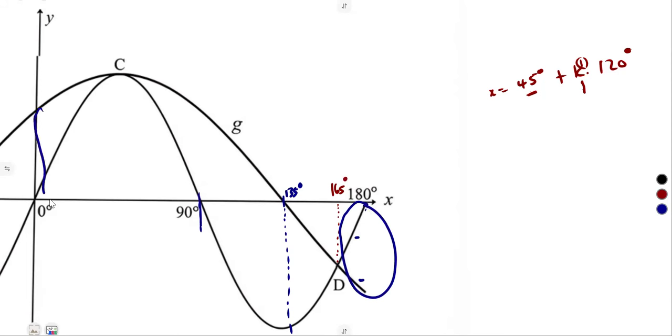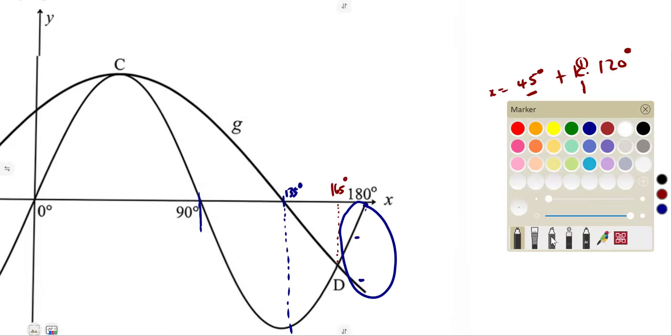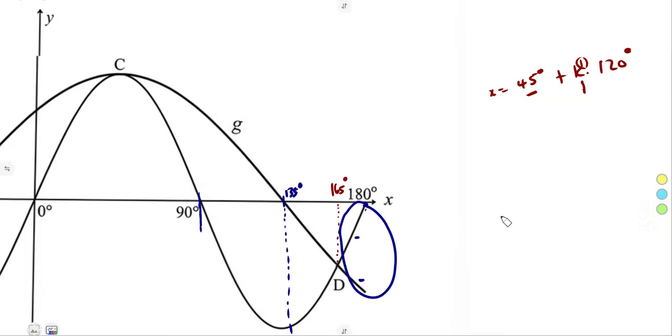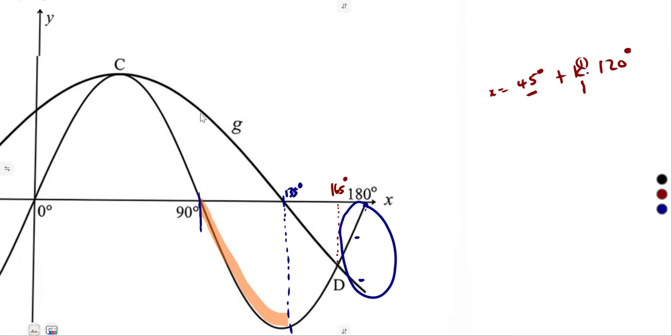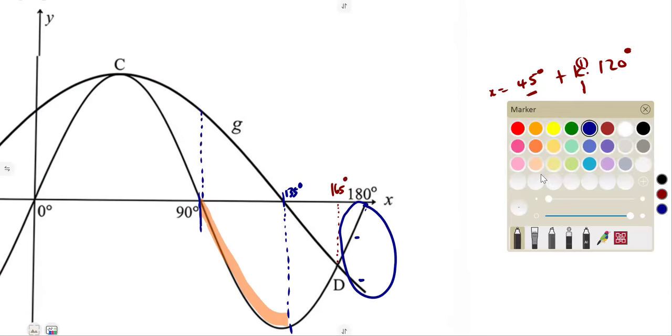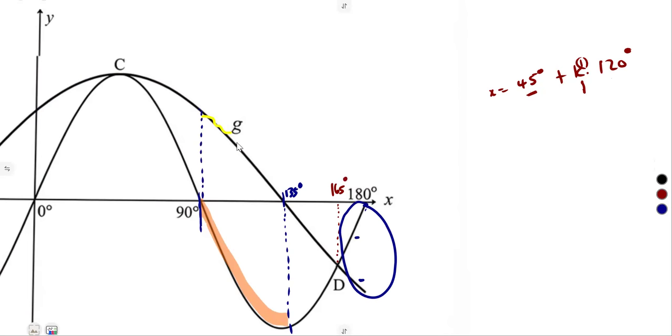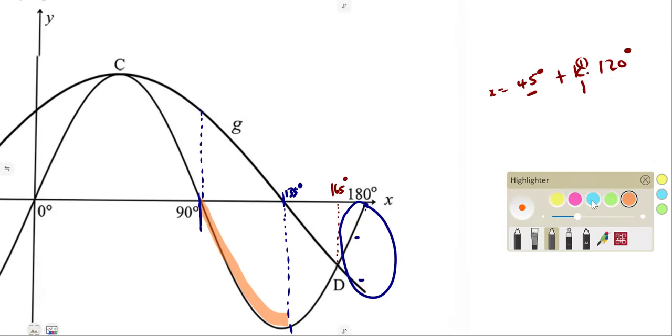From 0 degrees up to 90 degrees, this one is also totally out because they are both positive. So the only region that is left where one is positive and another one is negative is from 90 degrees to 135 degrees.